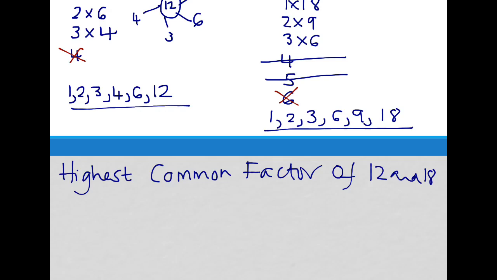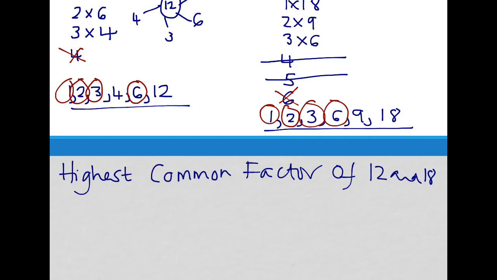So common, it's going to actually be in both lists of factors. So they both have a common factor of 1. But is 1 the largest common factor? No, 2. 2 is larger than 1. But I've also got 3. And have I got 4 in both of them? No. I've got 6 though. Are there any others that are common? No.